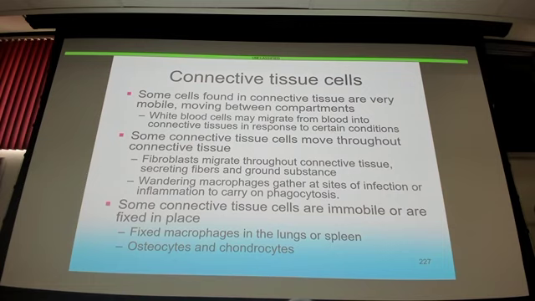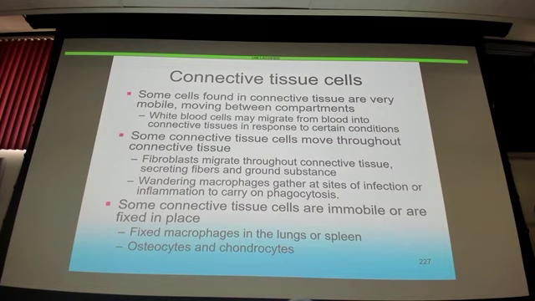Another characteristic of connective tissue is that not all of the cells stay in one spot. They're either fixed or mobile. Going back to micro, white blood cells come in different forms. There are a lot of different names for white blood cells.